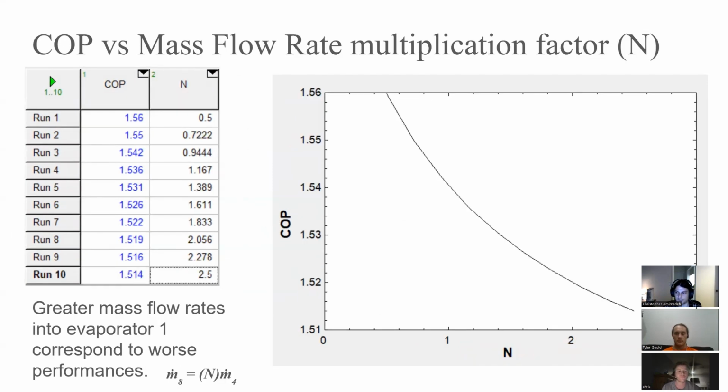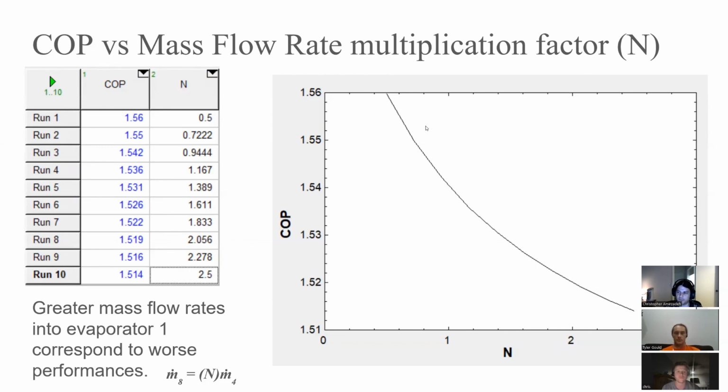And then the next here, basically we analyzed the COP with respect to how much mass flow rate was going from state 3 into the first evaporator as compared to the second evaporator. It can be seen here from the figure that the less mass flow rate going into the first evaporator yields greater levels of performance. This is likely due to the fact that we established a fixed value for the pressure and the cooling load for evaporator 1.